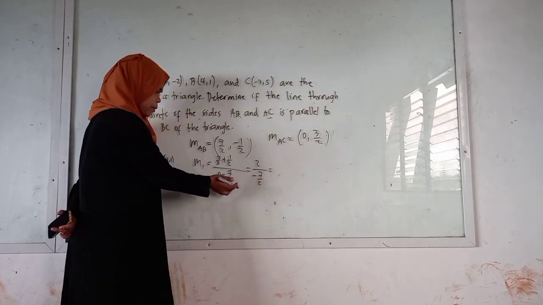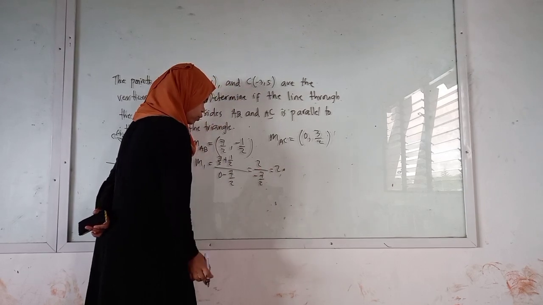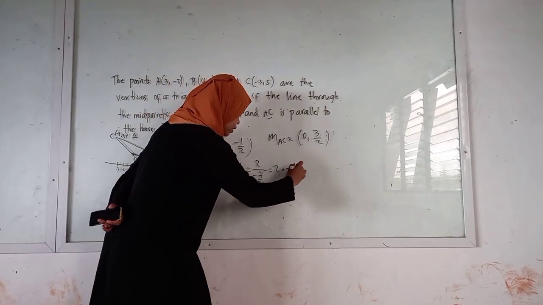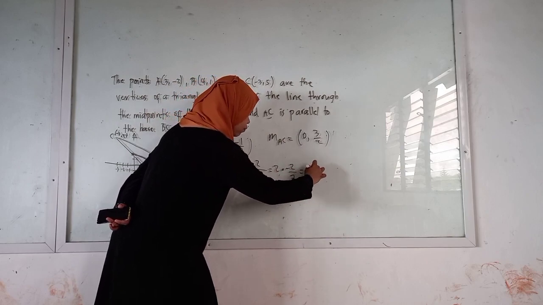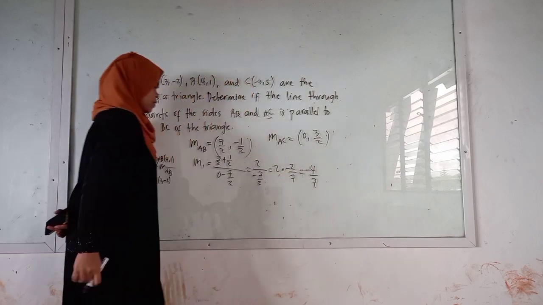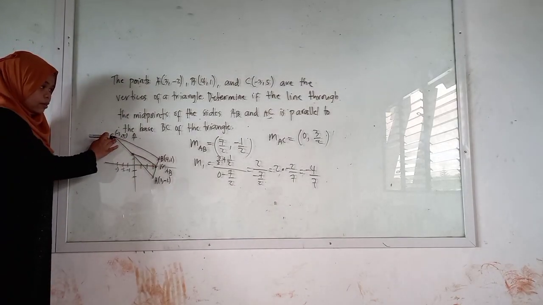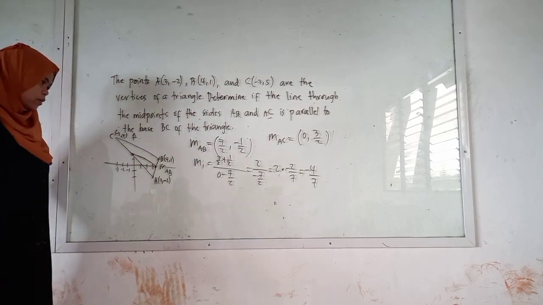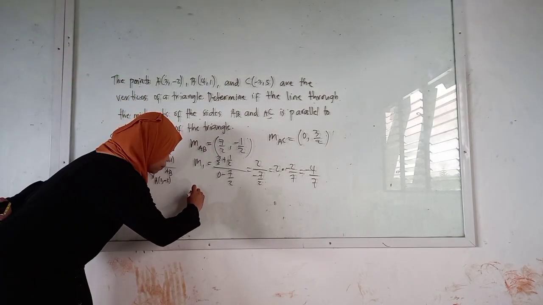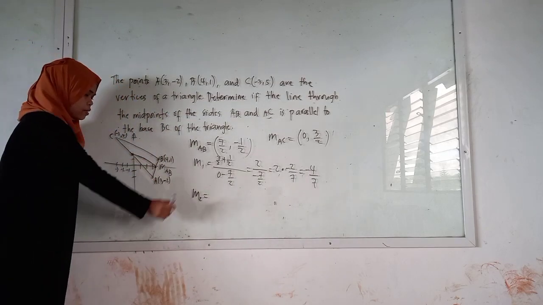So how can I simplify this one? I have to change the operation into multiplication and then reciprocate the denominator. So that is negative 4 over 7. So that is the slope of this line. How about the base BC? So hahanapin natin yung slope nito. So for m sub 2, let us denote the slope of this side by m sub 2.